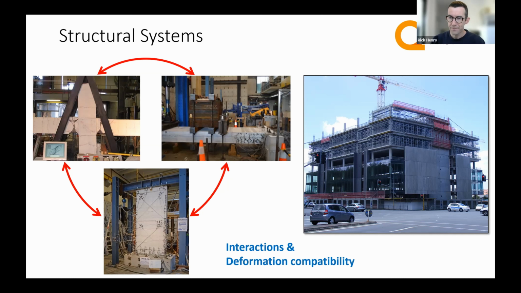When we look at buildings, such as the one shown here on the right, you can see that buildings contain a lot of different components and different arrangements, and they're all connected together to form a system.